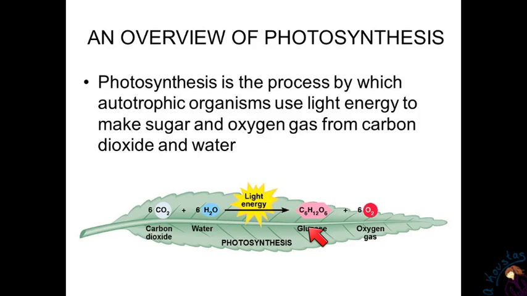In addition, we mentioned before that sugars have twice as many hydrogens as they do carbon and oxygen. In addition to producing glucose, a sugar or a carbohydrate, photosynthesis also produces oxygen. Oxygen gas is made up of 2 atoms of oxygen bound together to form a molecule. And there are 6 of these molecules.